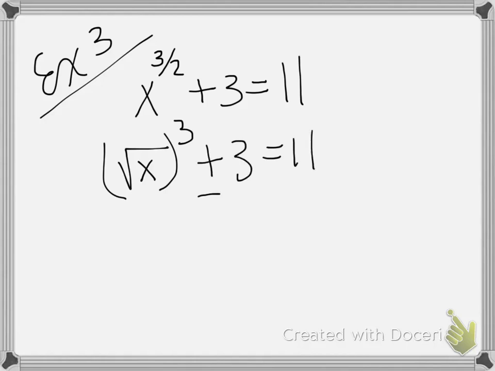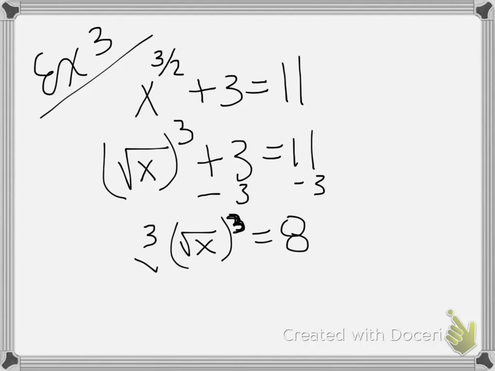So first I'm going to subtract 3 from both sides, which gives me the square root of x to the third power equals 8. So now to get rid of the 3 right here, I'm going to do the cube root on both sides. So the cube and the cube root cancel each other, and I'm left with what's on the inside, which is the square root of x.